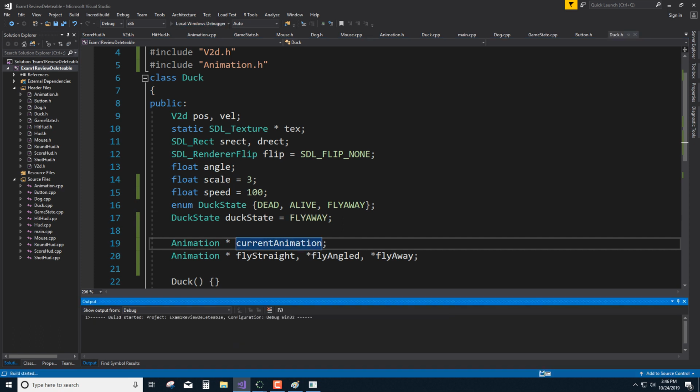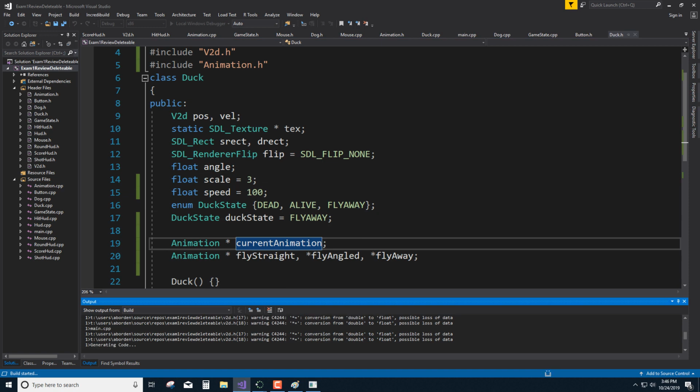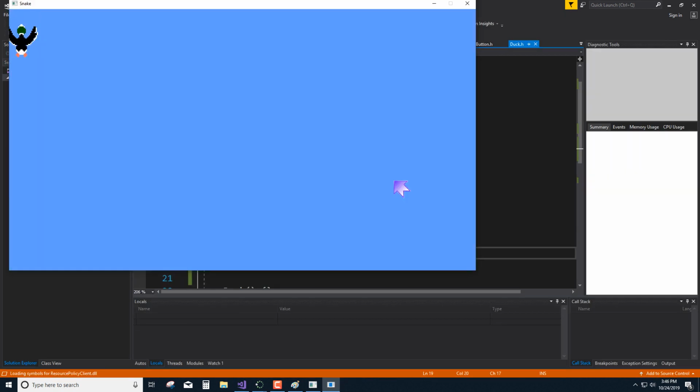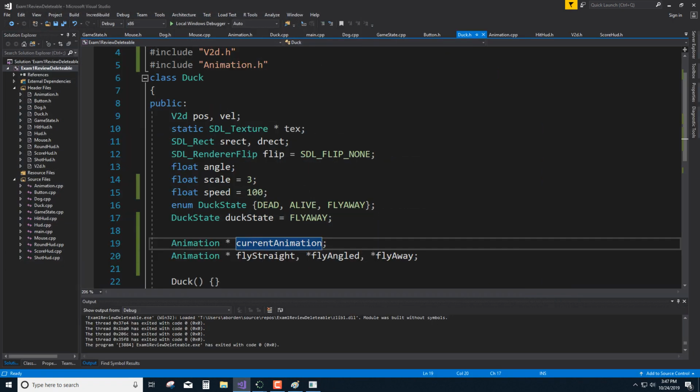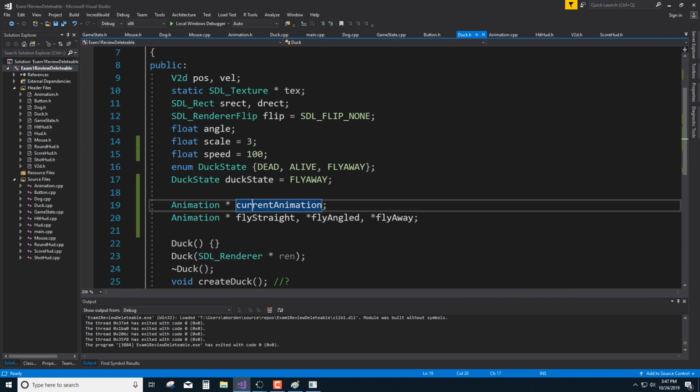And it should fly straight up off the screen. Oh, he'll just fly down. That's not how that works, though. Doing it wrong. You didn't die correctly.